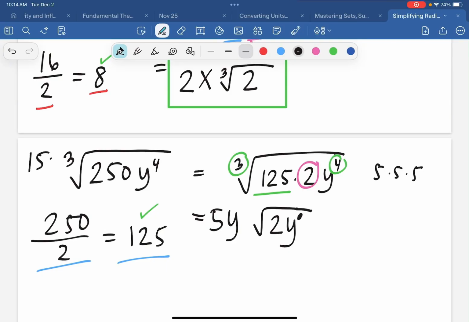So y raised to 1 or just y. But of course, this is not our final answer yet. Please don't forget that our given is a cube root. So make sure that this here is a cube root. Okay? So this is my last example involving cube root. So from cube root of 250 y raised to 4, the answer is 5y cube root of 2y.